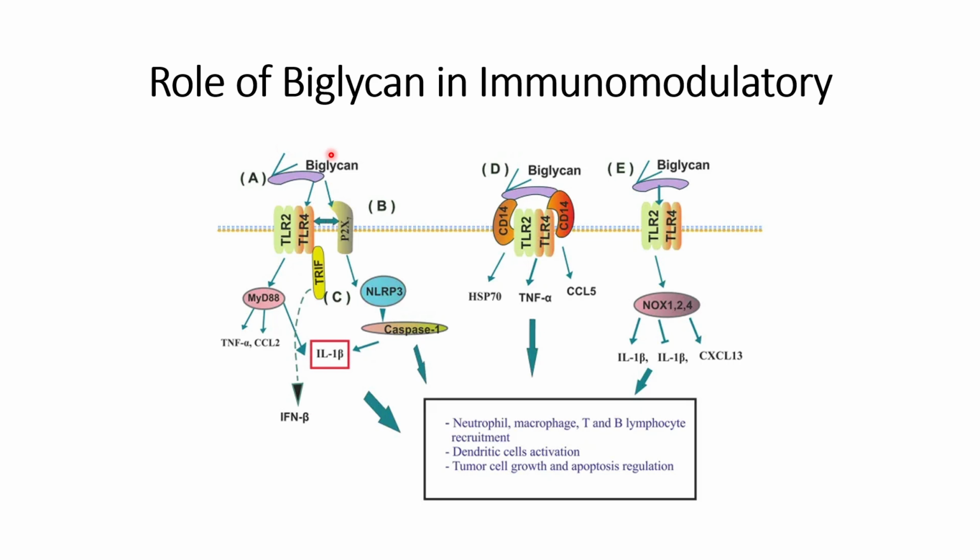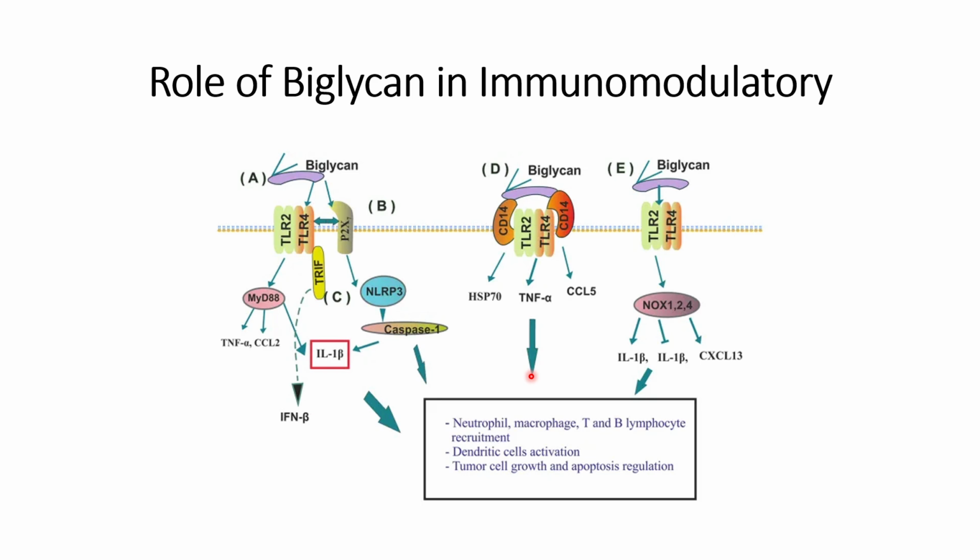This is just a big overview picture of the cytokines that Biglycan can trigger when it interacts with these immune cells. Here the positive things are shown, that it will recruit other immune cells such as neutrophils and T lymphocytes, whereas in the tumor microenvironment, those interactions might suppress immune recruitment.